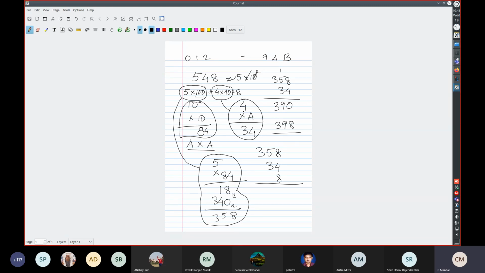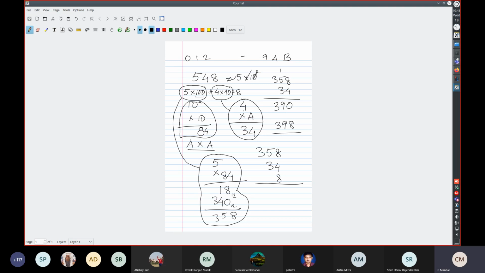Both ways are actually remaindering and this multiplication. Both the methods will give you the same result. So it is just a question of which arithmetic is convenient for you. Okay, sir. Yeah, results will be the same.